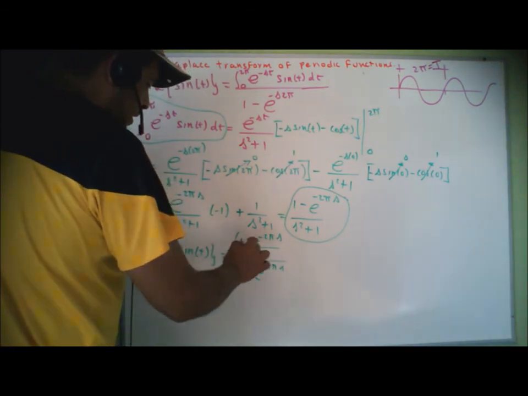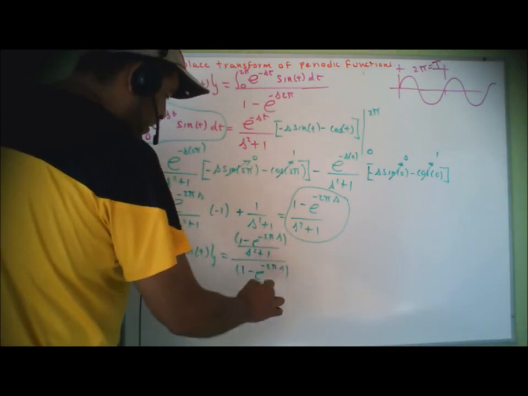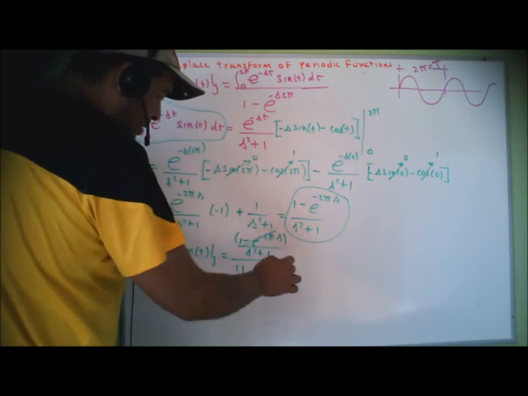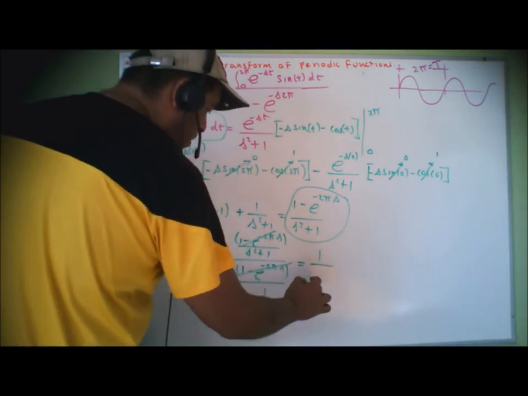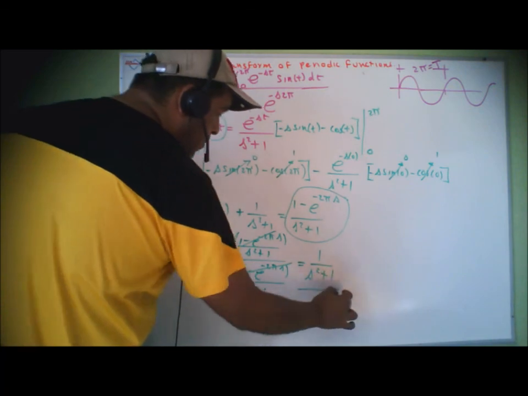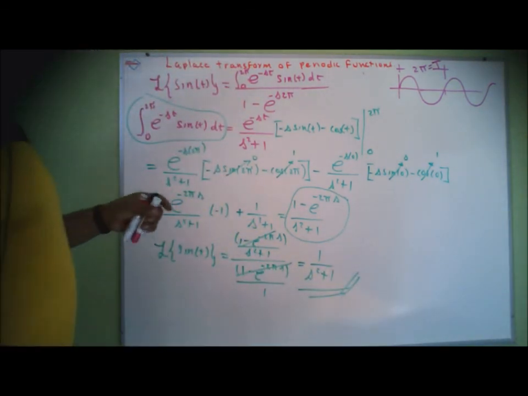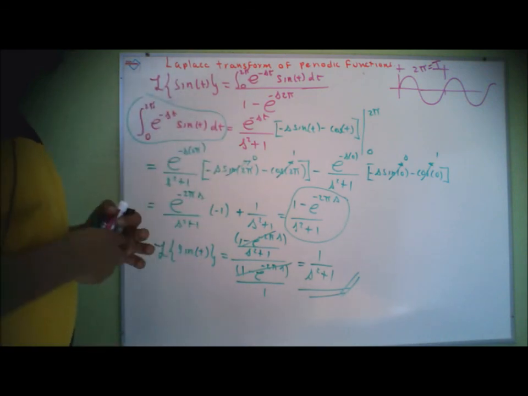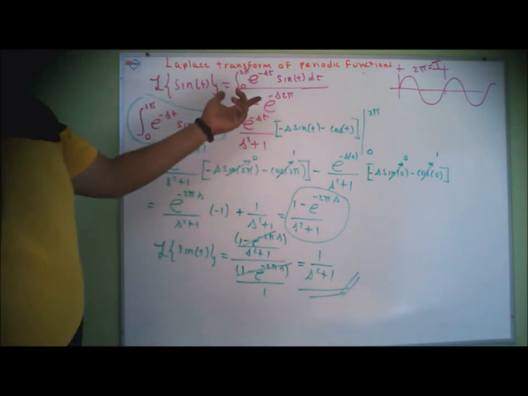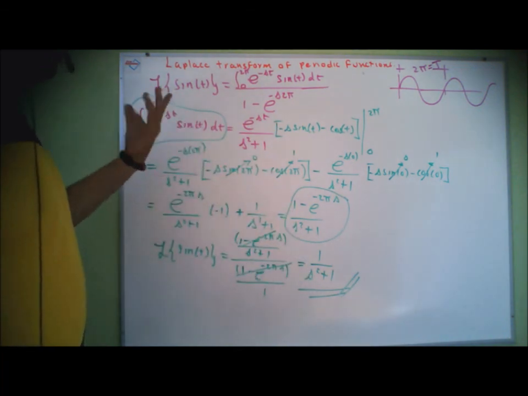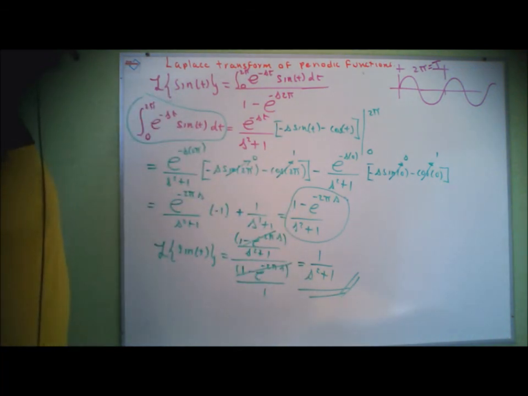As you can see, this number and this number are the same, so this and this cancel. The only thing left is 1 over s squared plus 1, which is what we expected because it's the Laplace transform of the sine of t. This shows that the formula we proved works to find the Laplace transform of periodic functions.